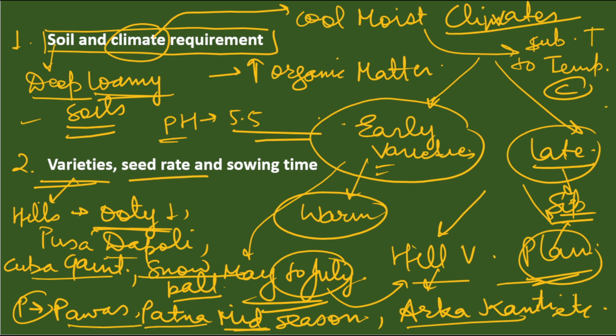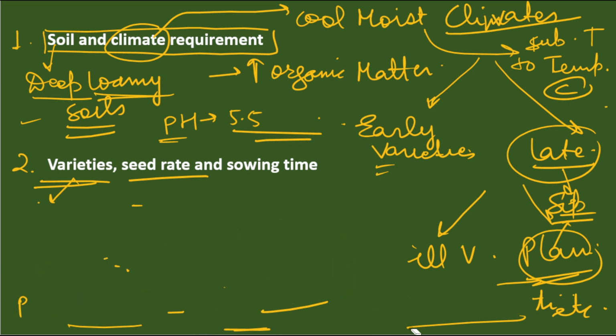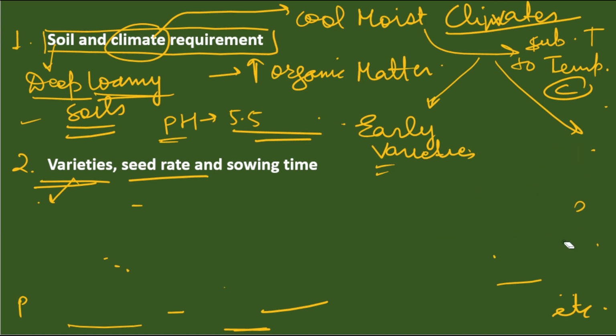Now let's move to seed rate. So I hope you understand these things. I am removing this, and you can also mention these things in the varieties. It will be helpful about early varieties, late varieties, their sowing time. The seed rate of cauliflower is around 375 gram per hectare.